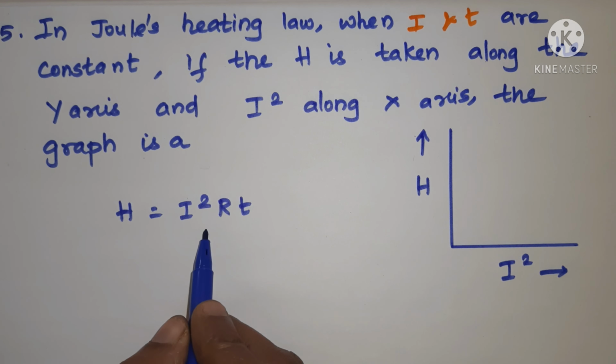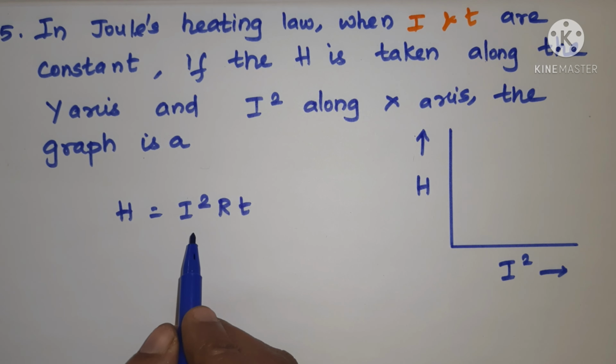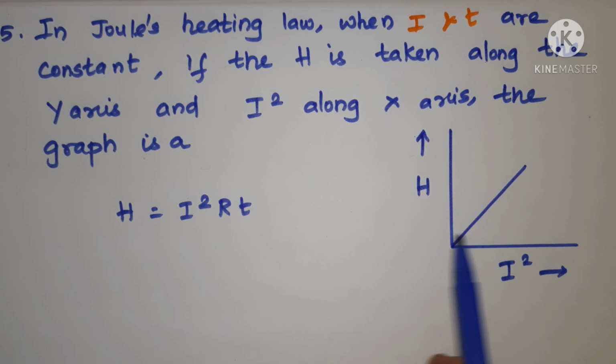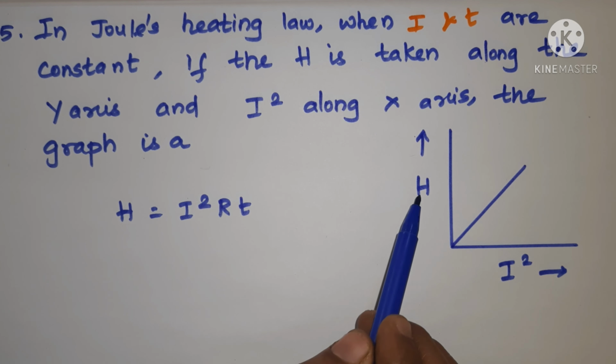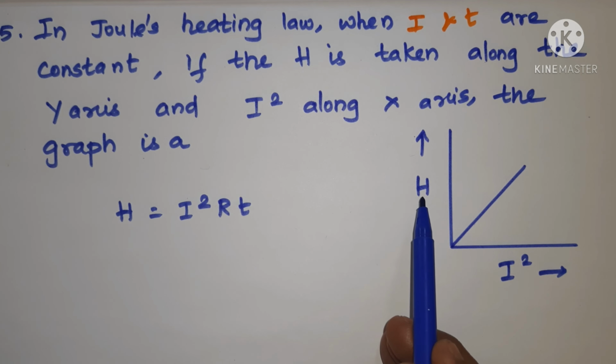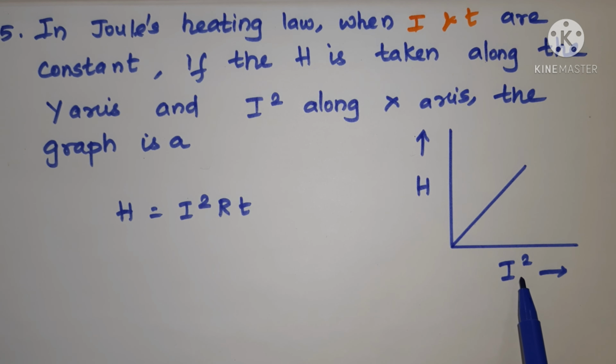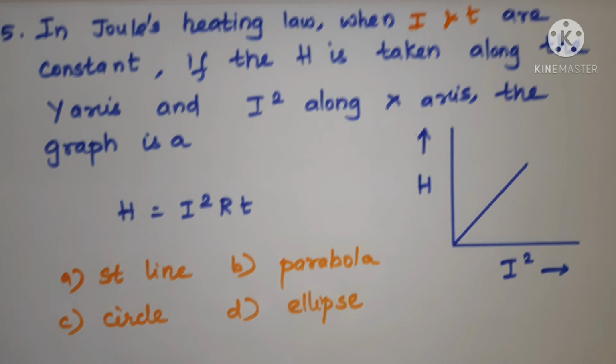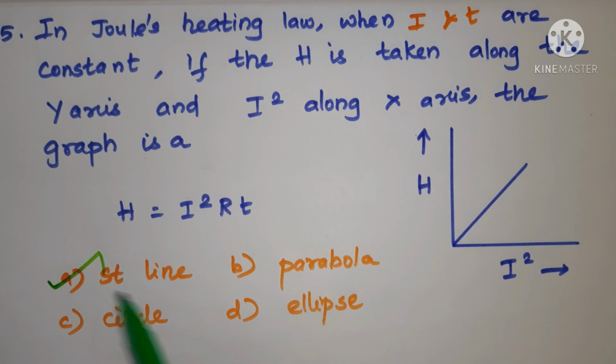As they are proportional to each other, we have the graph to be a straight line. As one increases, the other increases. Current increases, heat will be increased. The square of the current is proportional to the heat. We have option A to be the correct one.